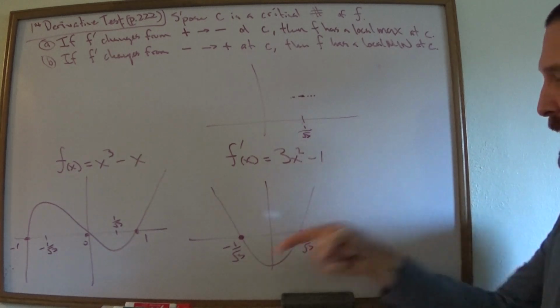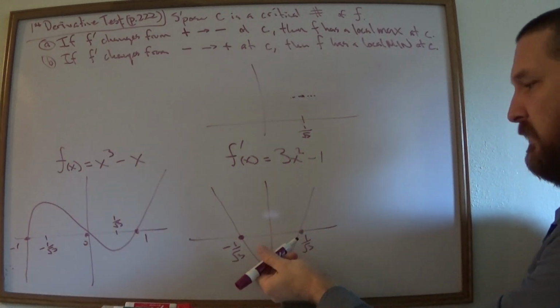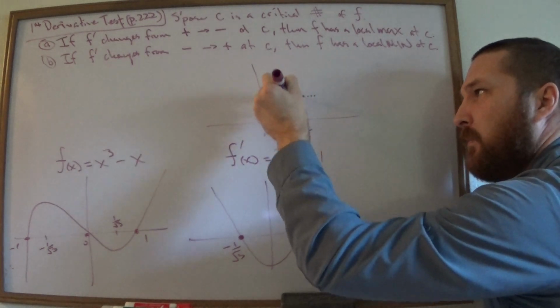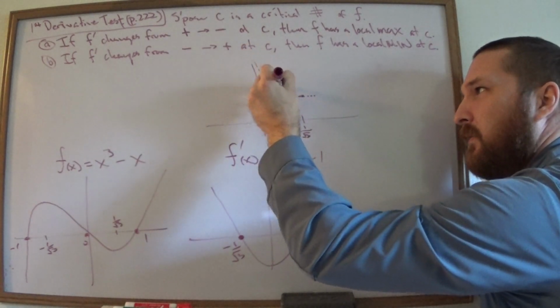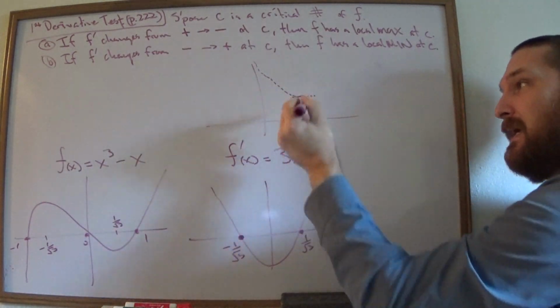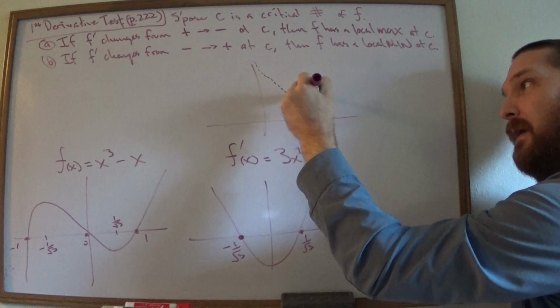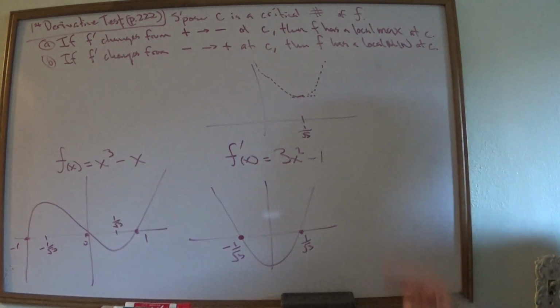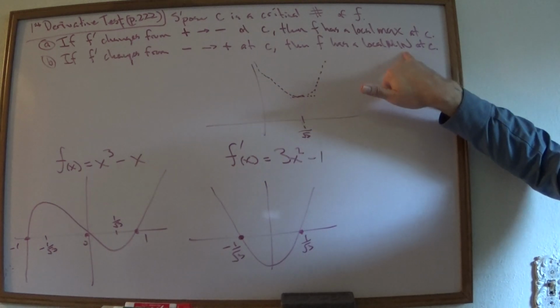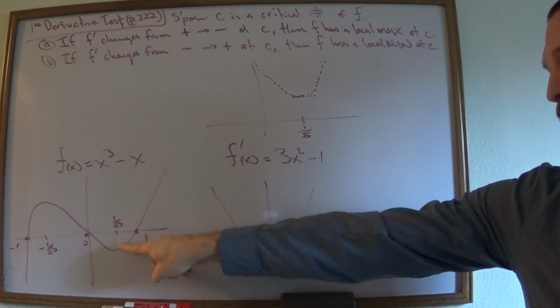When I go that way, it's a negative number. So as I move back, we have a negative slope like that. So it must be coming down and then it levels out. Now, as we move past it, it becomes positive, like that. And so that's the bottom of a cup, so it must be a local min. And that is indeed what we see right here.